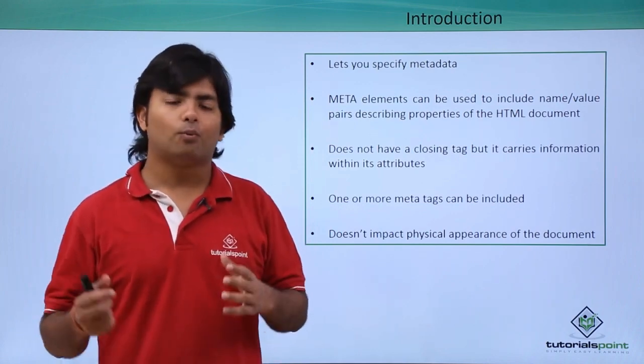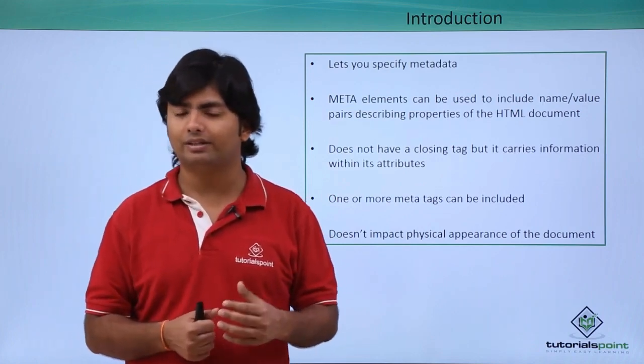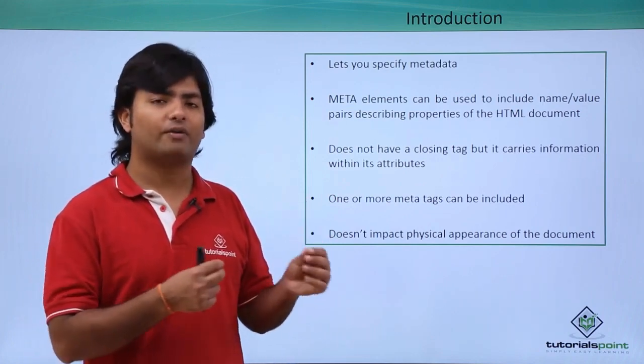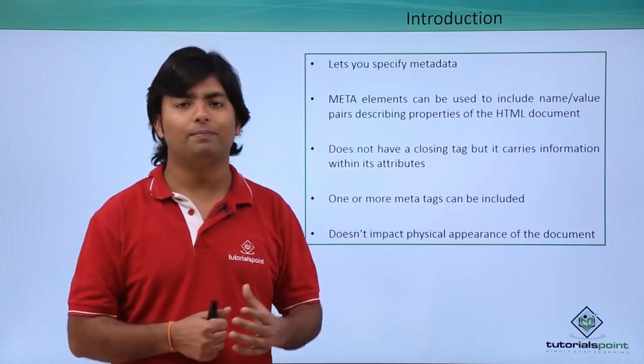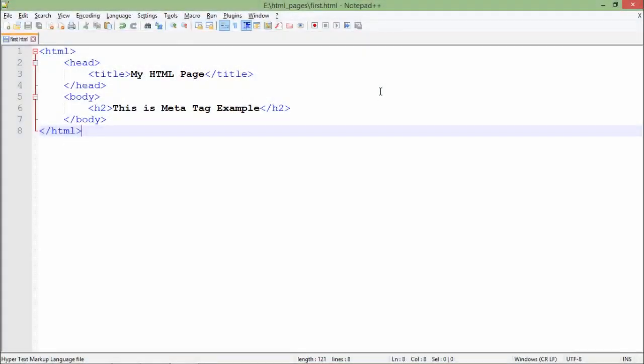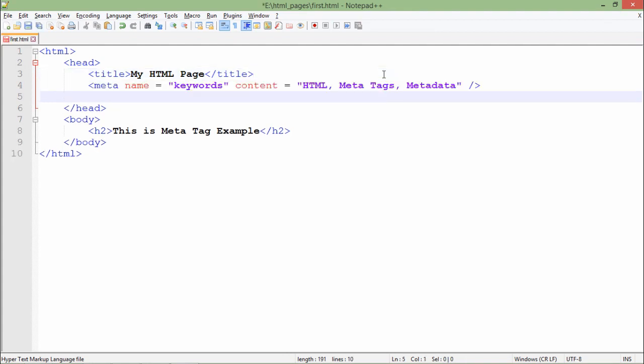So let's see what attributes are available including this meta tag, and how to write the meta tag in the head section of HTML. Let's start the practical now. We will be using this tag inside the head section, so let's come here in the head and I'll start putting the meta tag inside it. As I said, we can use multiple meta tags.